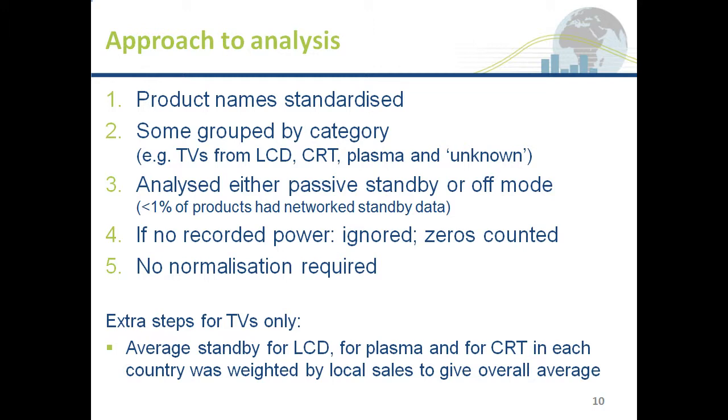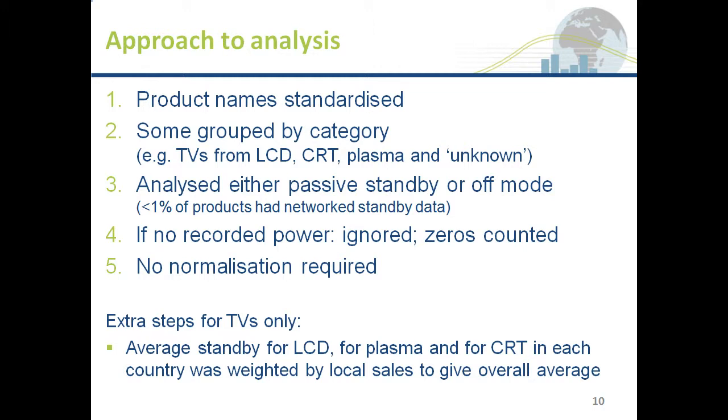Now, as I mentioned, we have done some additional, more detailed analysis for televisions because that had by far the largest quantity of data. And one of the things we did to make this data more representative of each country was to effectively sales weight the data that we got according to the proportion of sales in each country accounted for by the different screen technologies.